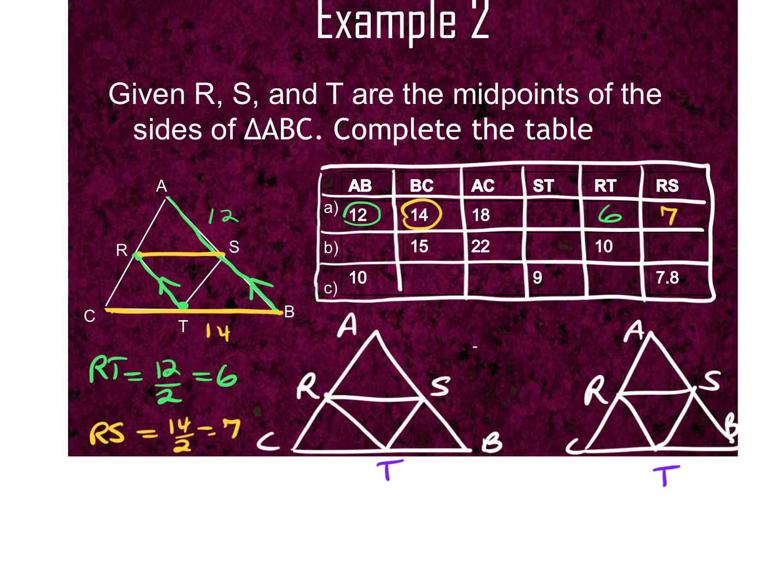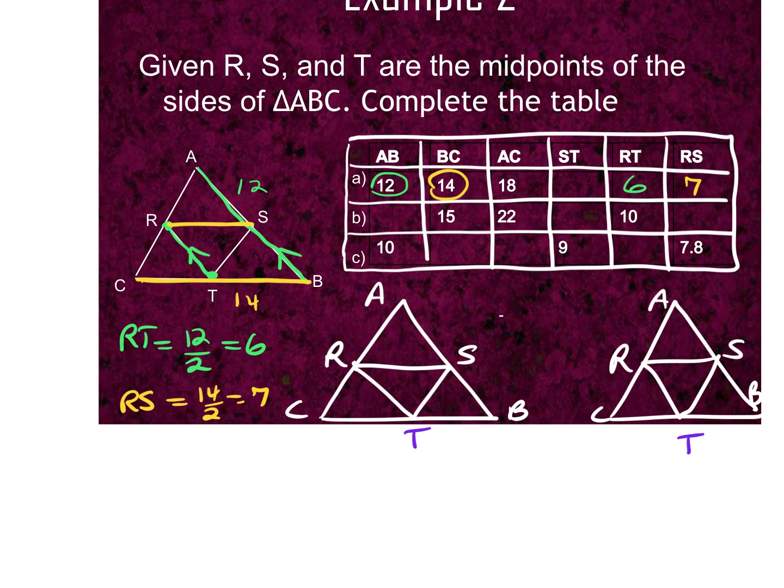Next, they're giving me the length of the other side of the triangle, AC, which is 18. For the length of ST, the midsegment that AC is parallel to, I take 18, divide it by 2, and ST equals 9.